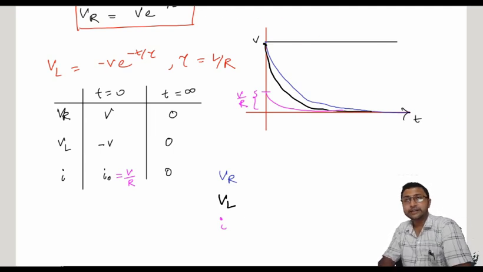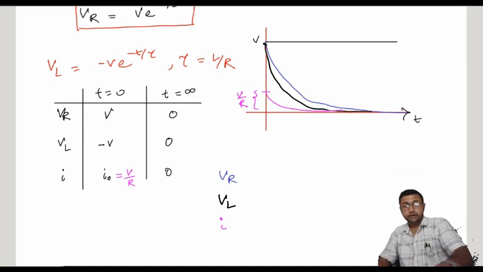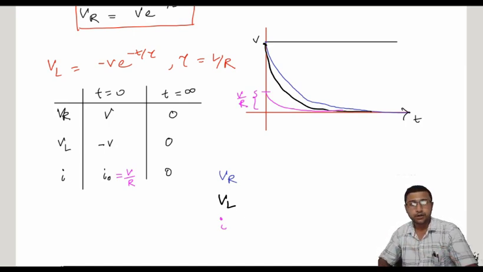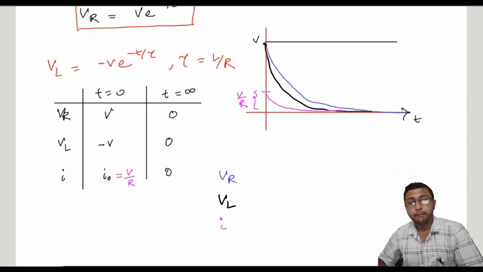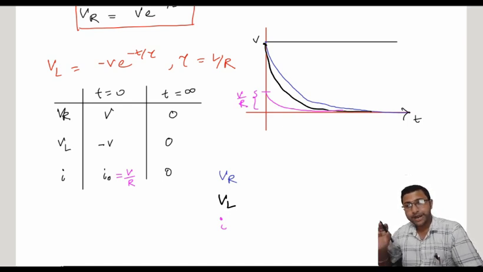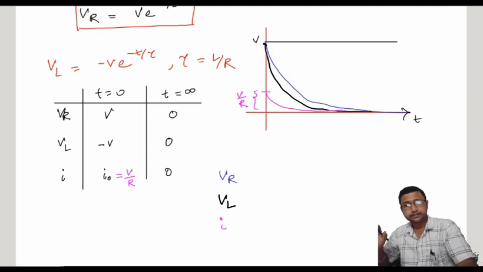Look, here is a very interesting thing. When the switch is on, VL at t equal to 0 was V, and when the switch is off at t equal to 0, VL will be minus V. That means the magnitude is the same, V, the supply voltage, but the polarity will reverse.